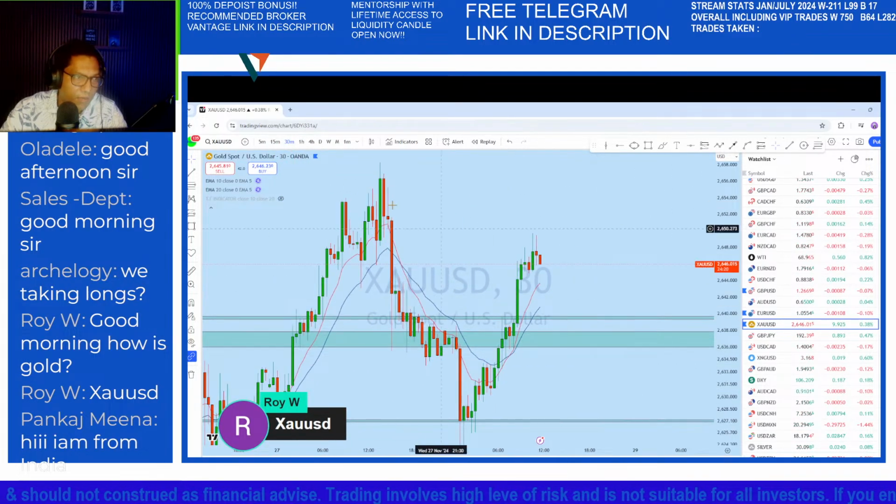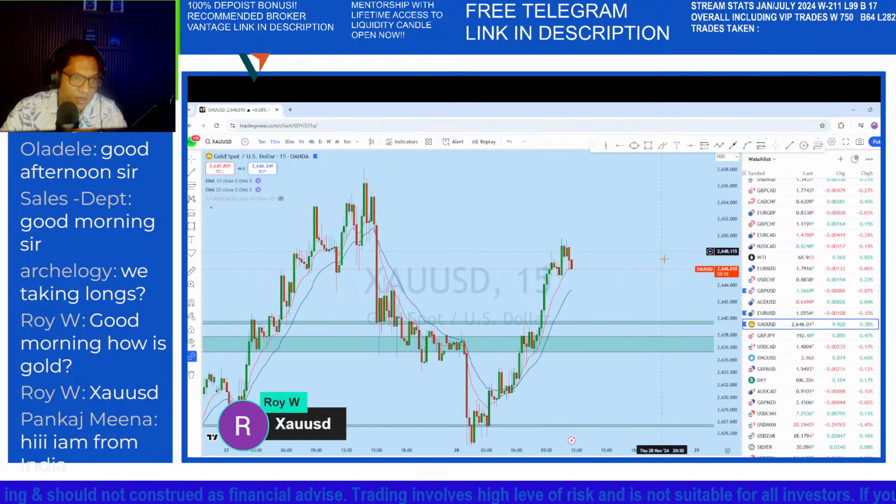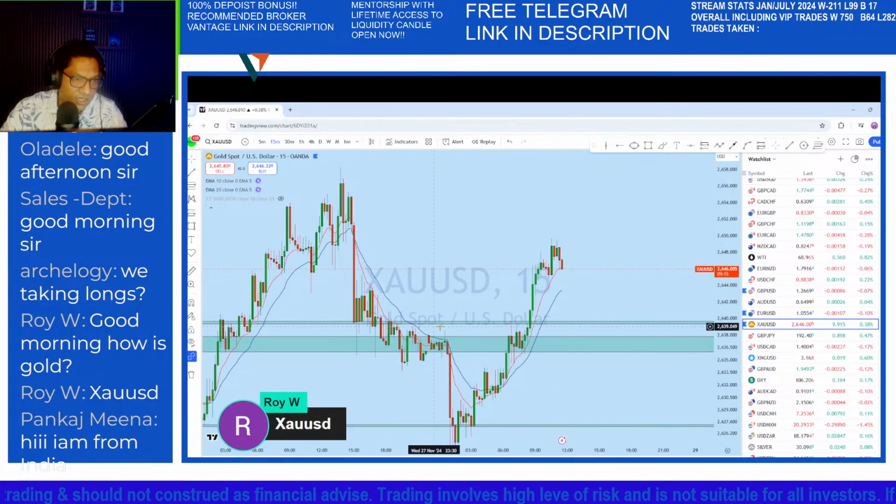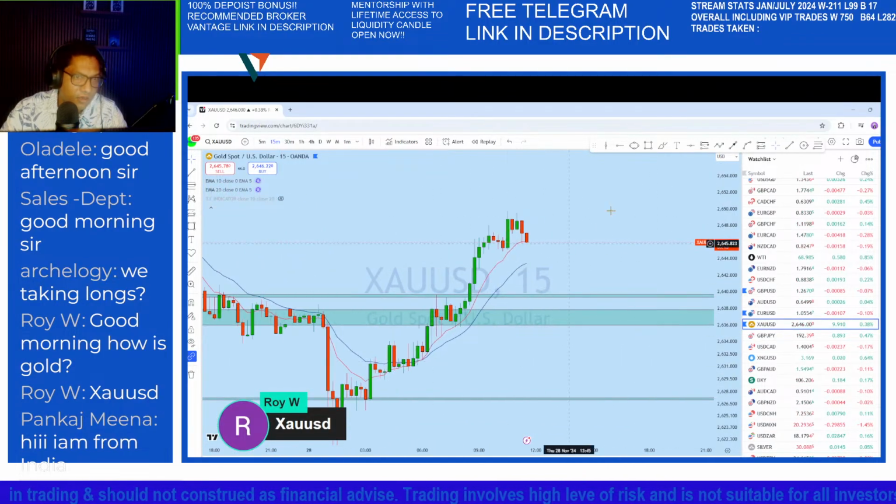So with that in mind, looking at the lower time frame, we can see that this is a resistance line here.